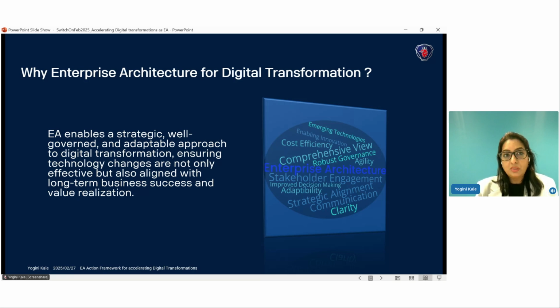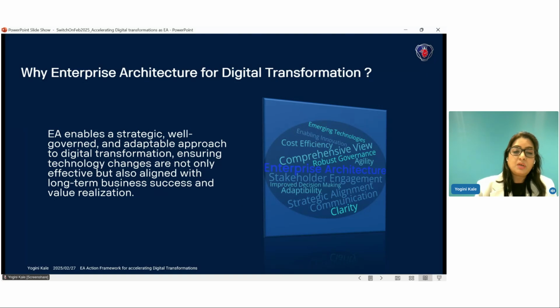And there are different ways in which enterprise architecture can do this, such as integrating emerging technologies in your roadmaps for transformation, giving a comprehensive view of the whole organization, including the business and technology landscape, enabling stakeholder engagement across all the layers in the organization, improving decision making, adaptability in terms of technology adoption, and giving direction to the digital transformations, and strategic alignment.